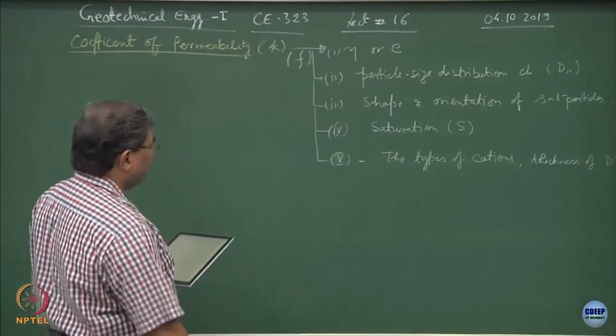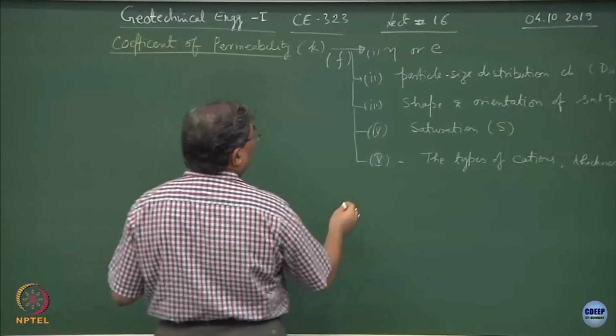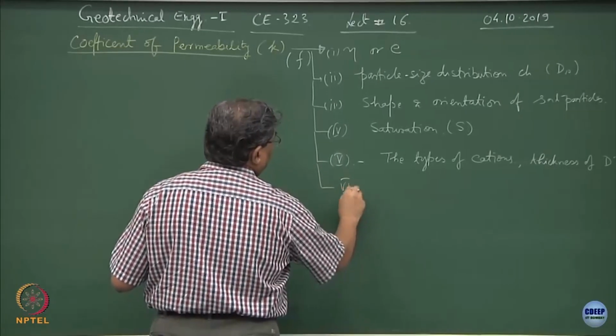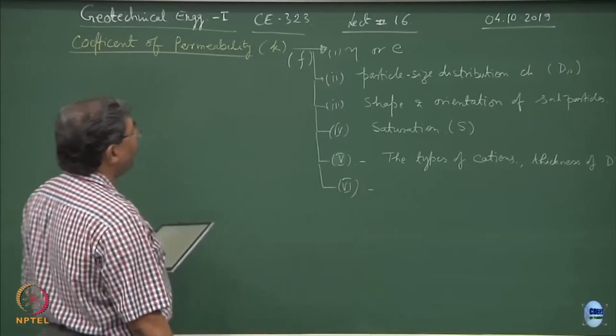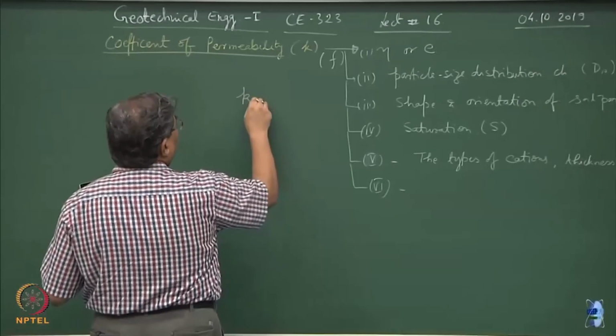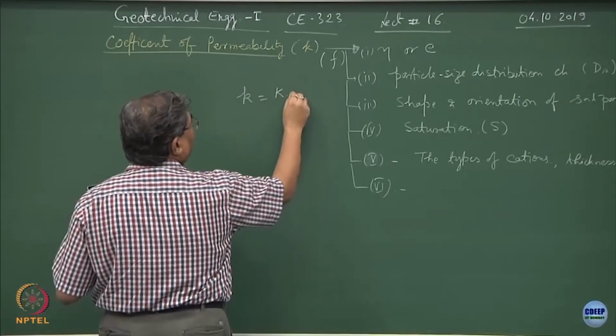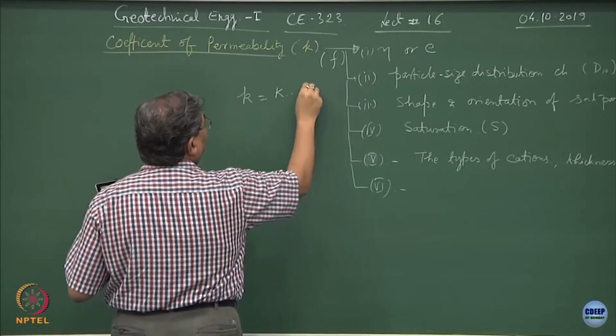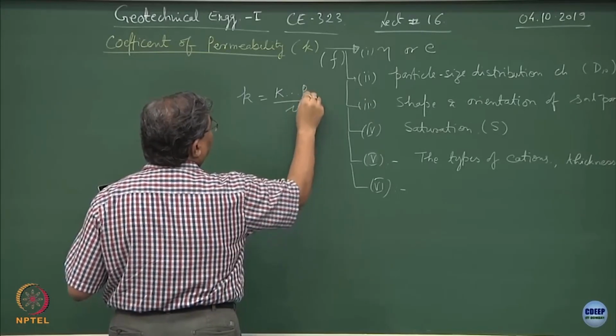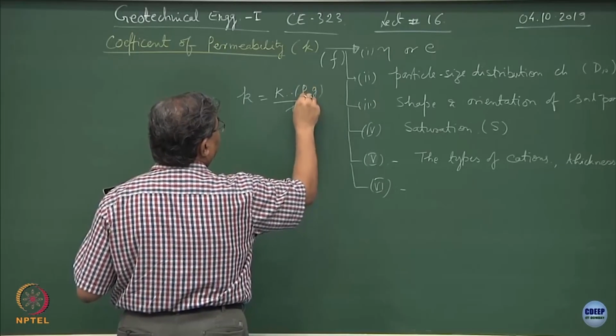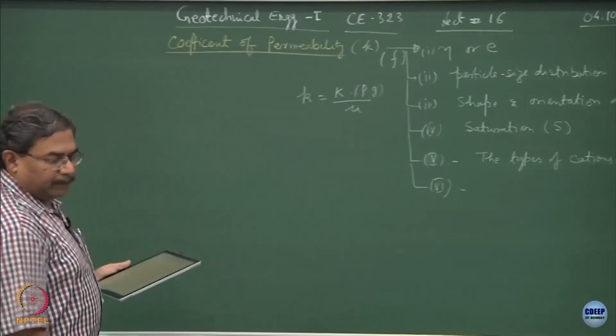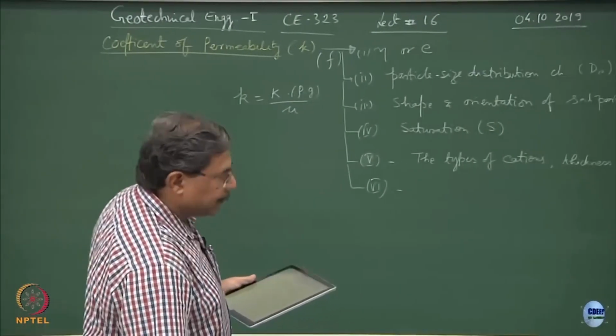So, if you remember the way we have defined K, we said K is equal to capital K multiplied by rho upon mu into g, and where capital K we have defined as the intrinsic permeability.